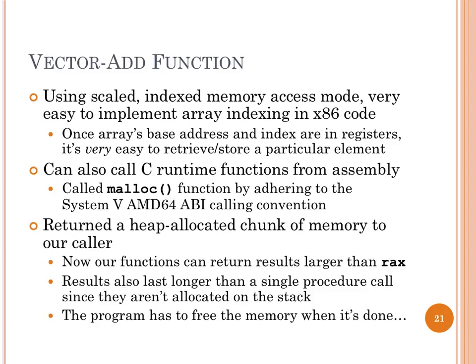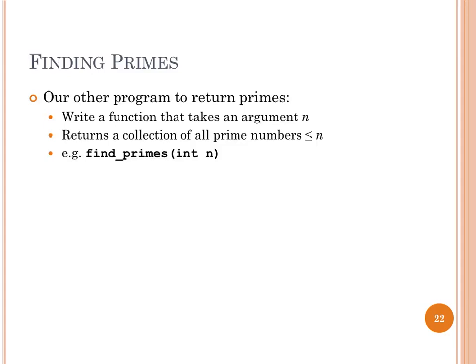Yay for us. And we return something that's much larger than a register to our caller by allocating memory and returning a pointer to it. Okay? So go us. We've already jumped massively ahead as far as our capability of implementing things from a few lectures ago.